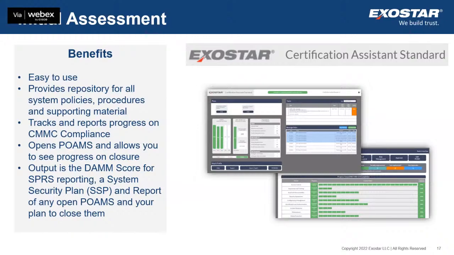It'll also produce the score that goes into the SPRS system. So as you need to input that score, you'll be able to get that from the system. And then it'll show how you're doing against each of those controls. If you've fulfilled them all, you'll have a 110 score and you'll have an SSP without any open POAMs.